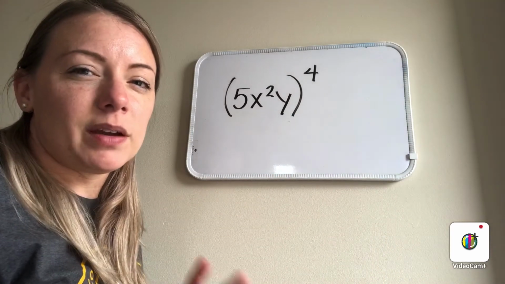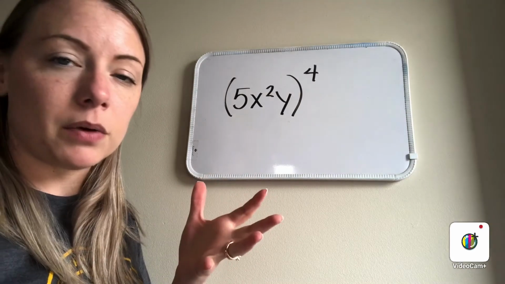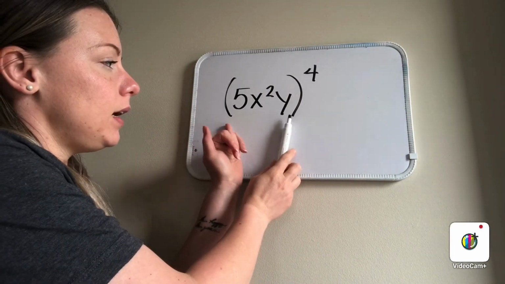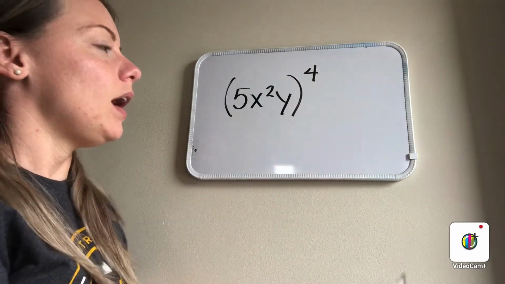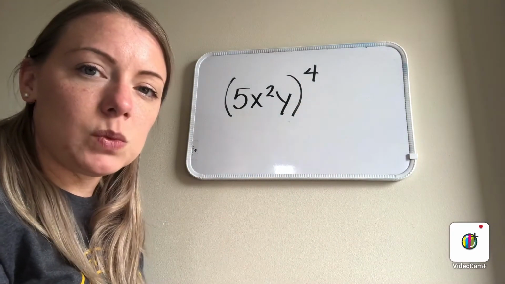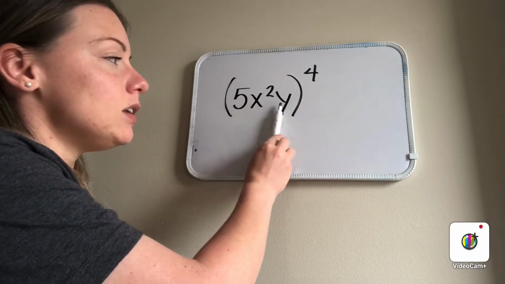And I told you a really good hint, a red flag that it's a power of something property, is if you had a set of parentheses with an exponent on the outside. Then I know specifically this was a power of a product because within the parentheses I had terms multiplying.